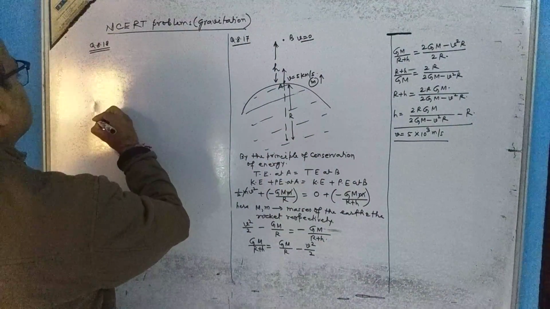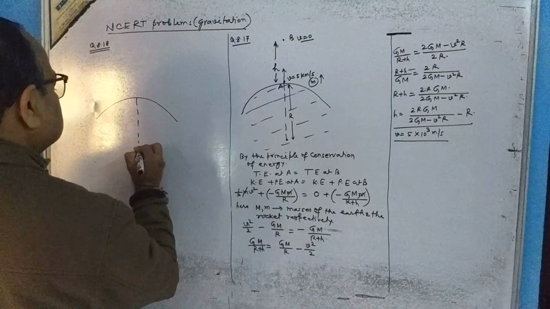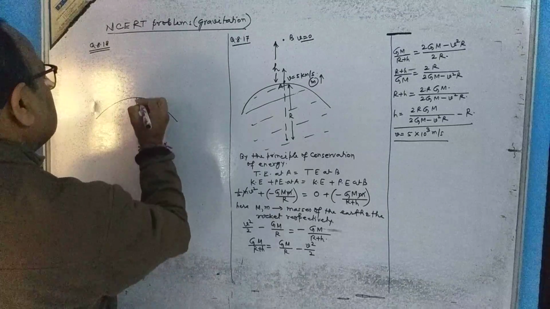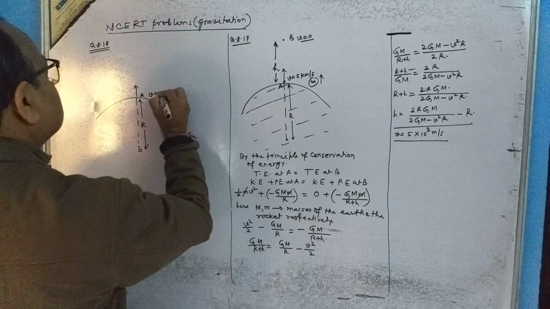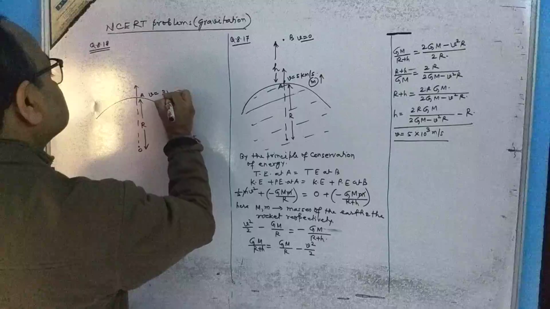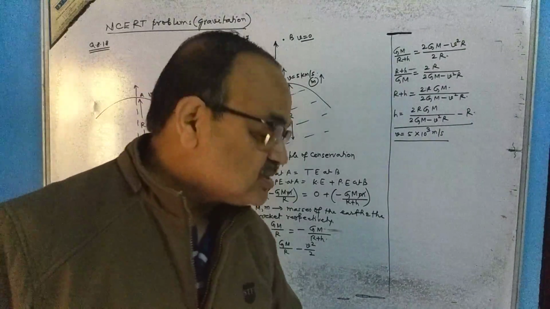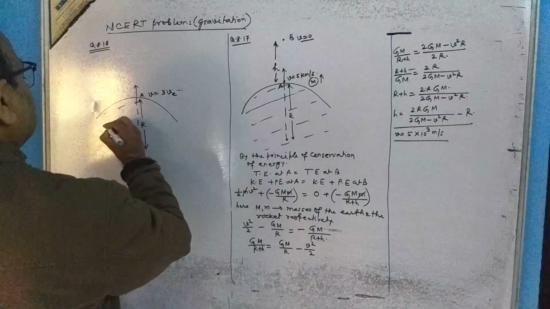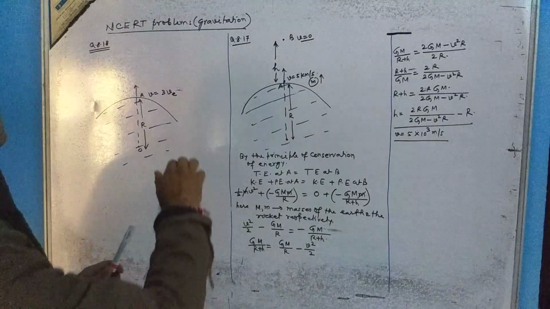Again, here, this is O, this is R. Again the point here, it is thrown, V is equal to thrice VE, that is thrice the escape speed, mind this. So here it is. I am throwing it with thrice the escape speed.